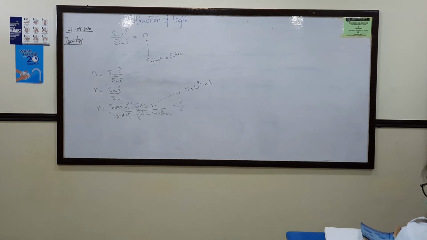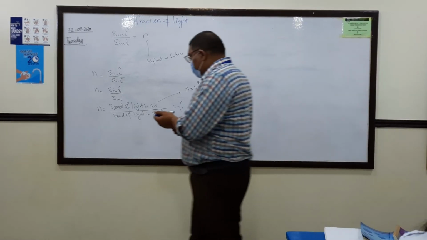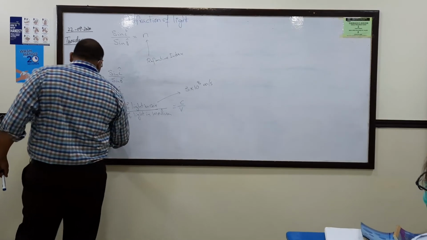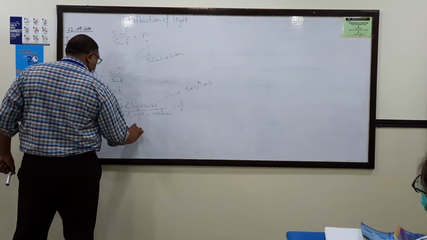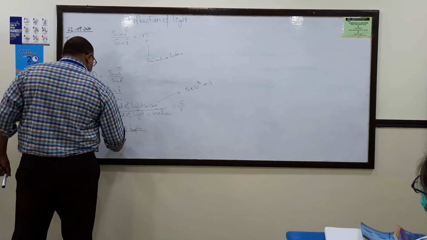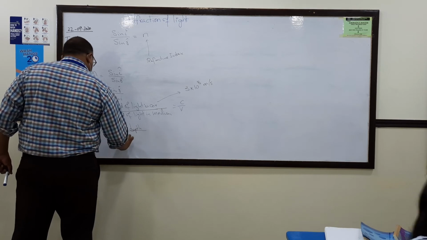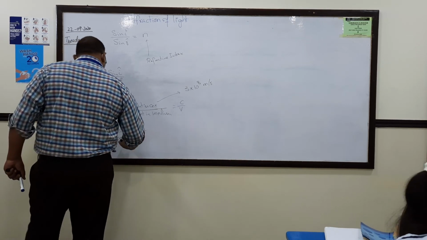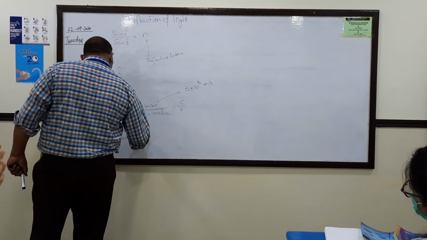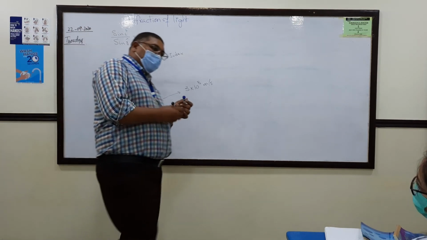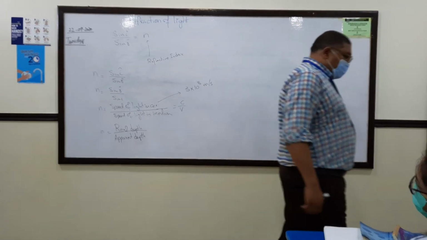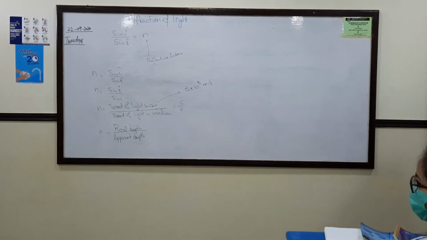There is another formula which is not given here, though I can tell you: real depth divided by apparent depth. I think this is not in your book. So another formula for the refractive index is real depth divided by apparent depth.